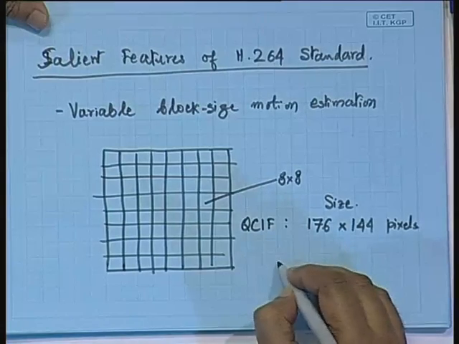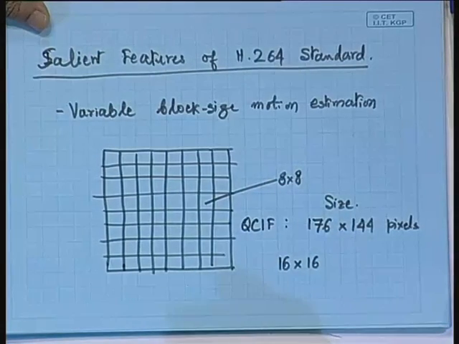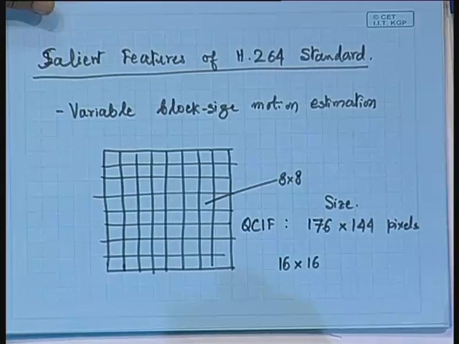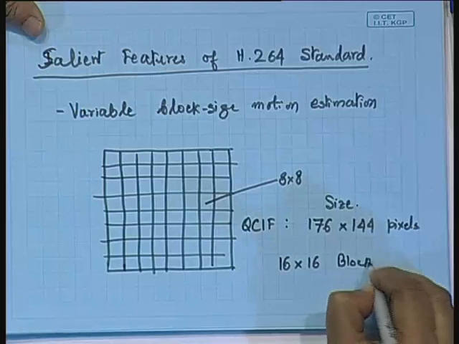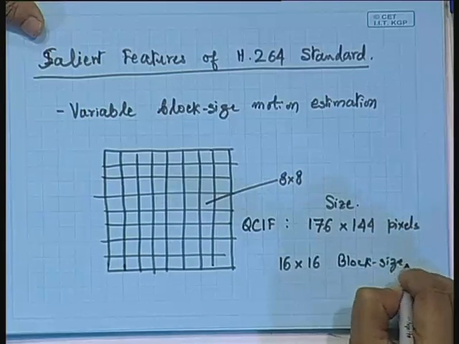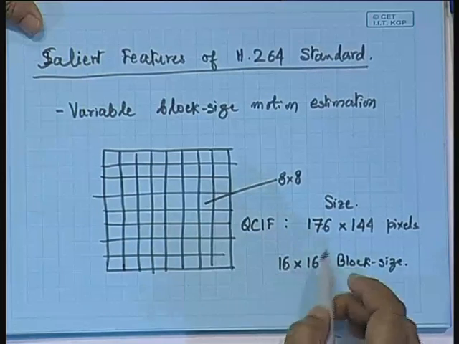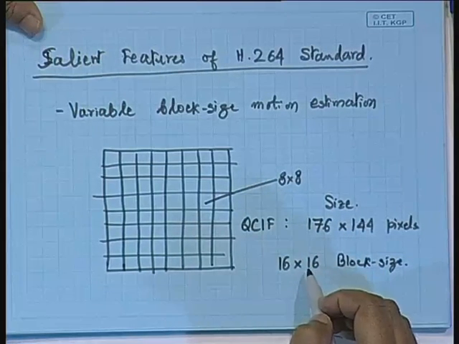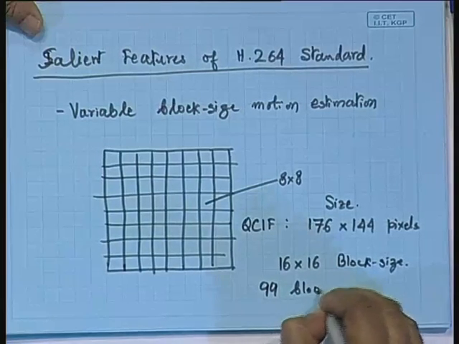Now, let us say that we have a block size of 16 by 16. If we use 16 by 16 block size, then we are having 176 by 16, that is 11, and 144 by 16, that is 9. So, we have totally 99 blocks.